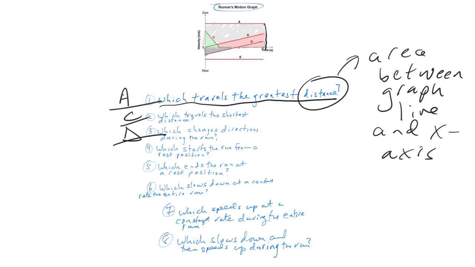Well, that would be any line that starts from 0 on the velocity y-axis. Looks like only one, and that's B, which ends the run at rest position. So he ends up at the same place that he started.